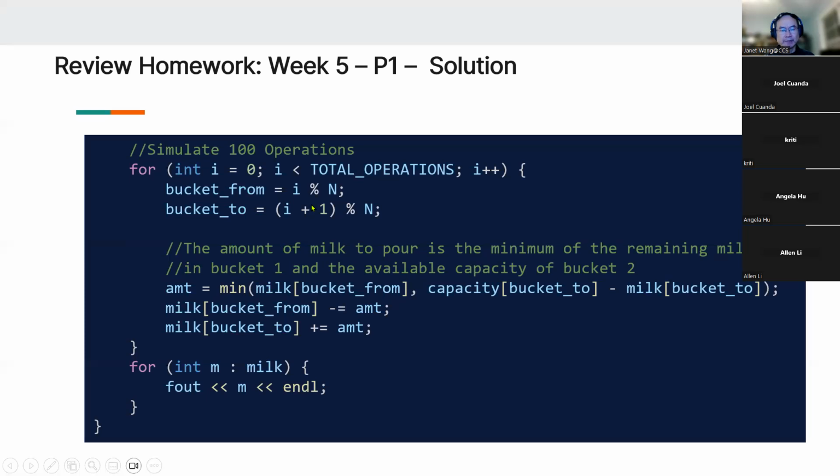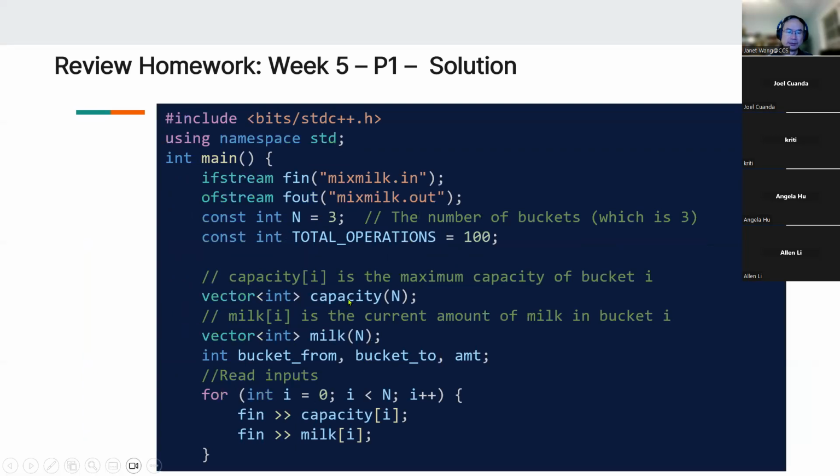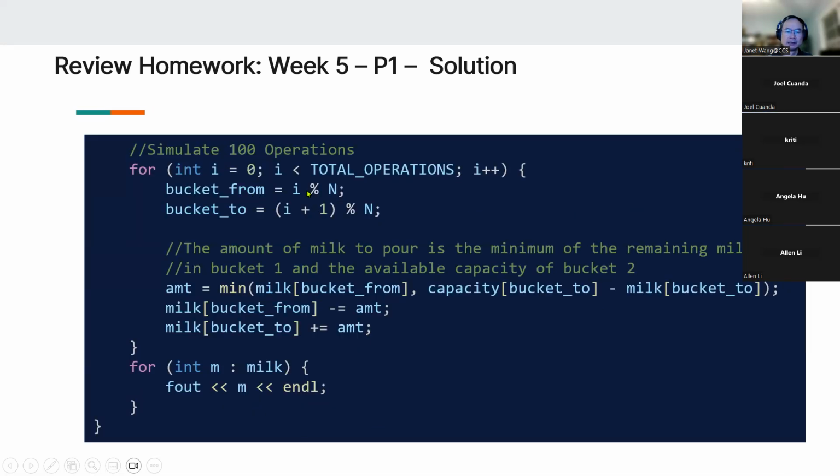I guess you could probably find some repetition pattern after a while, and then you could calculate without going through 100 times, but you need to find the pattern. The only thing is to have 2 vectors to keep track of capacity and the milk, as well as this modulo index to keep track of which operation is on which bucket.